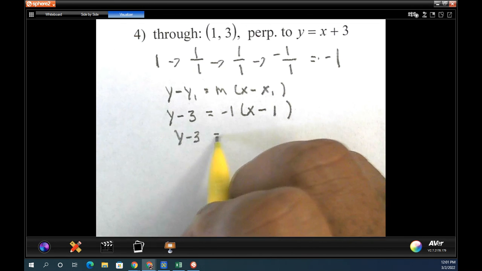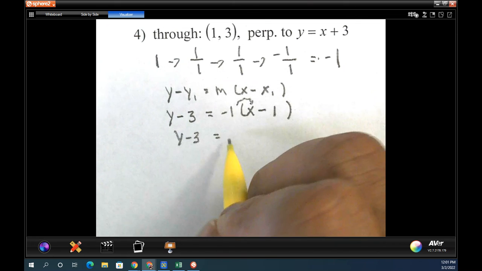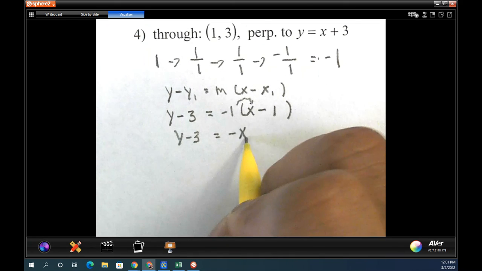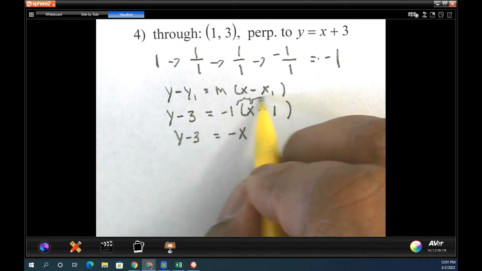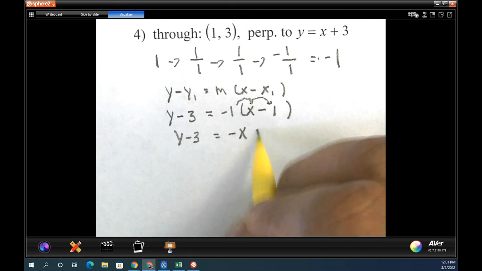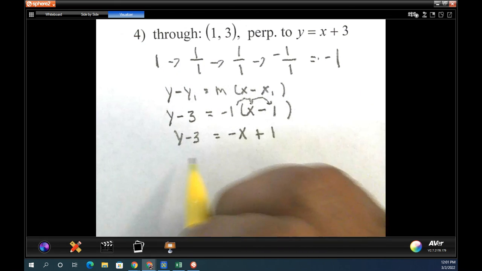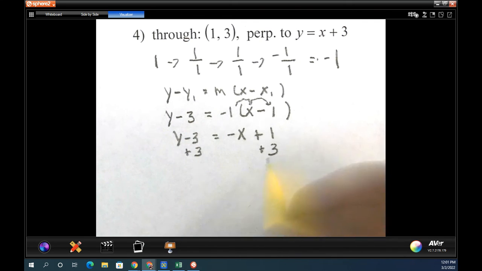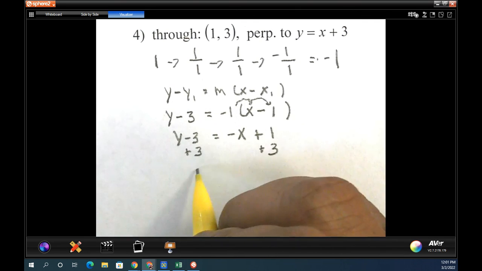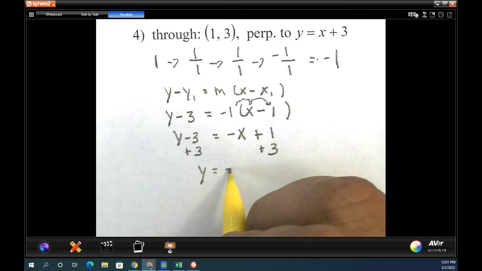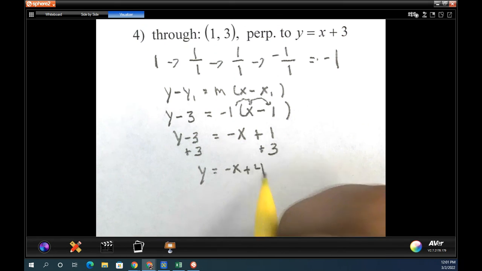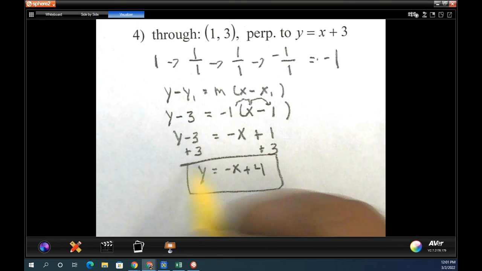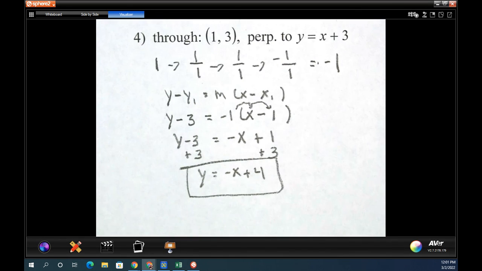Y minus 3, negative 1 times x is just negative x. You don't have to put the 1 in front of it. That's negative 1 times negative 1, which makes it a positive 1. Now, all you have to do is add 3 to both sides. And you get y equals negative x plus 4. How many of y'all got that?